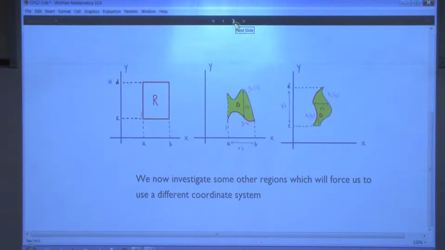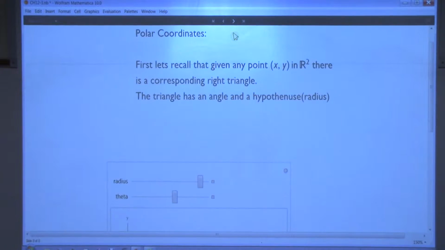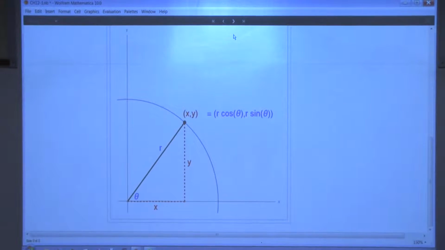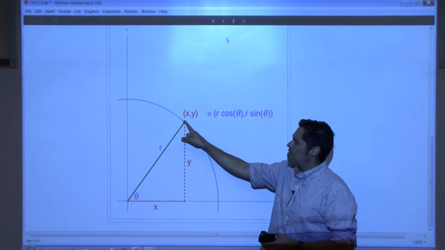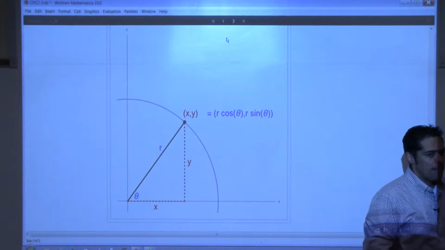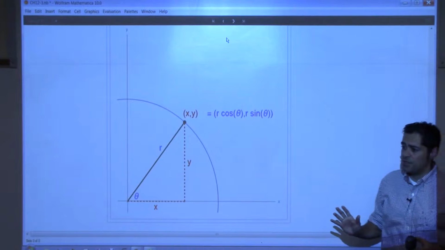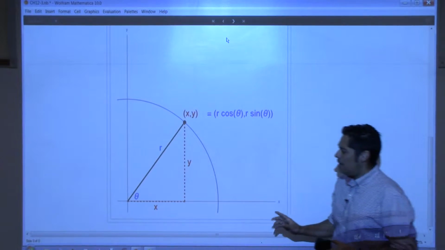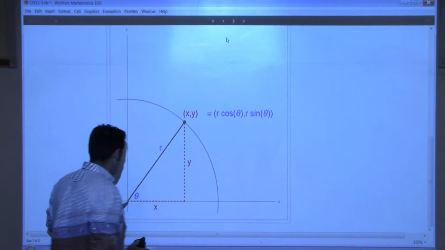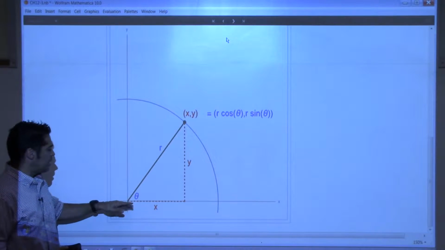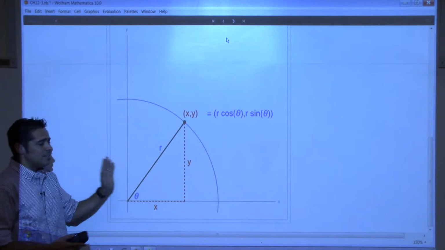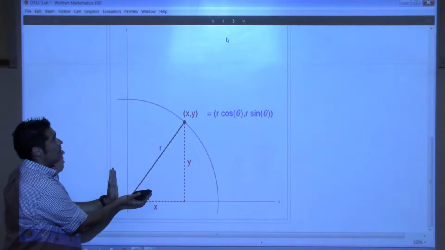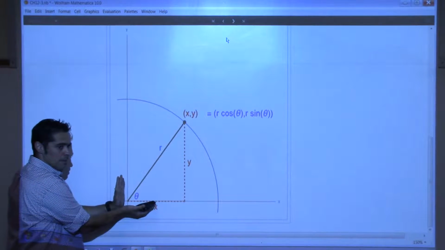our Cartesian coordinate system. So first, let's remember that if somebody gives us a point in 2-dimensional space, it must have an x and a y coordinate, right? The way the Cartesian coordinate system works is that we start with a place that we call the origin. From the origin, we construct 2 axes, the x and the y axes. These 2 axes are orthogonal to each other, perpendicular, right?